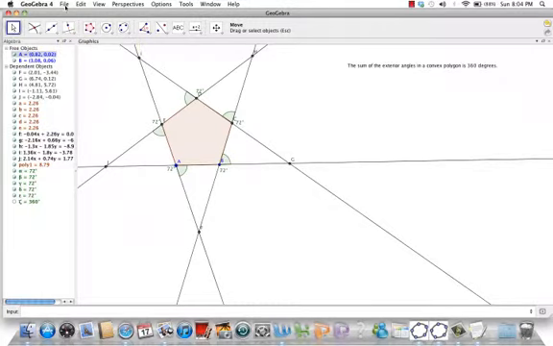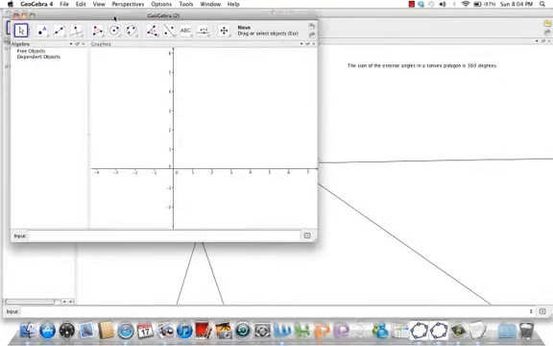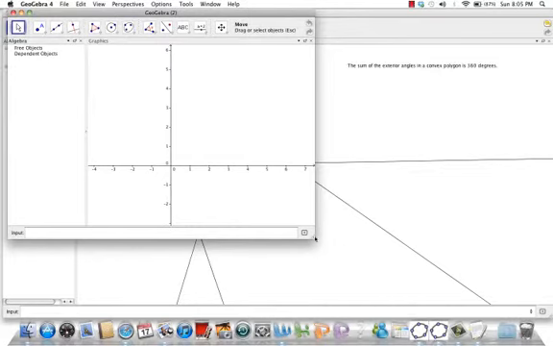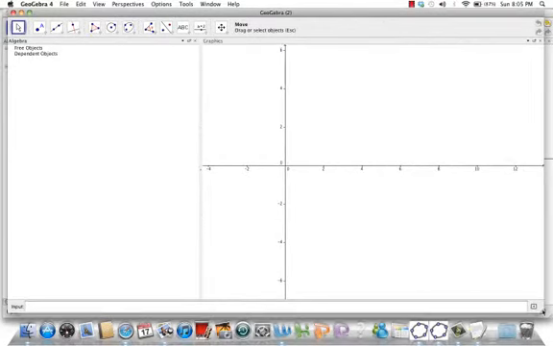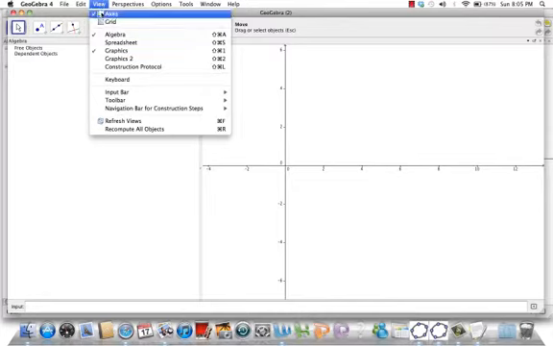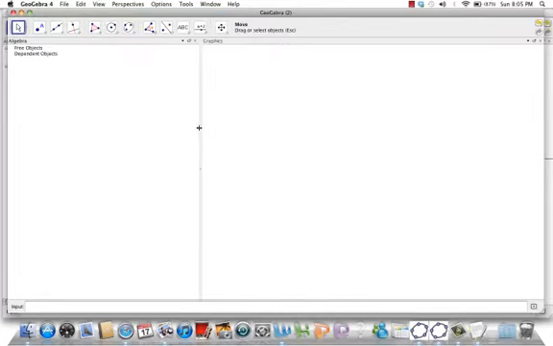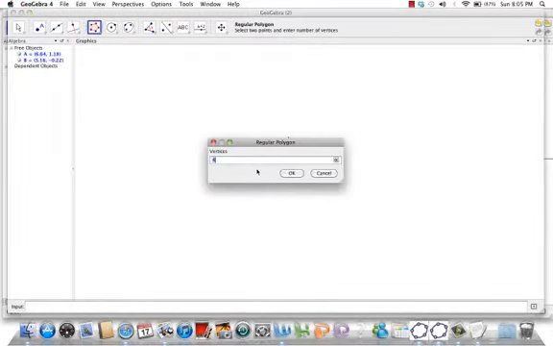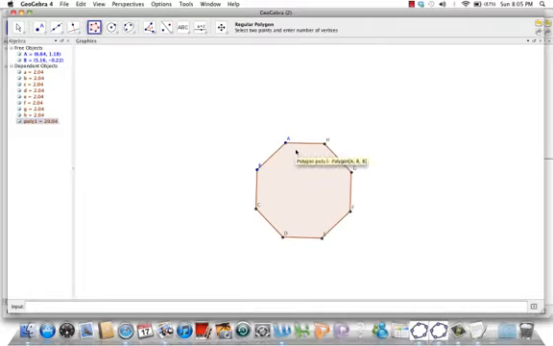So let's verify again for another polygon. So I don't need my axis. This time, let's have an octagon, an 8-sided polygon. So I have 1, 2, and so let's have an octagon, 8. All right.